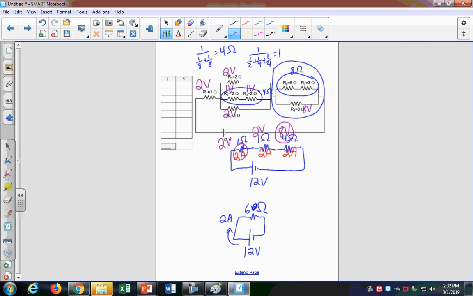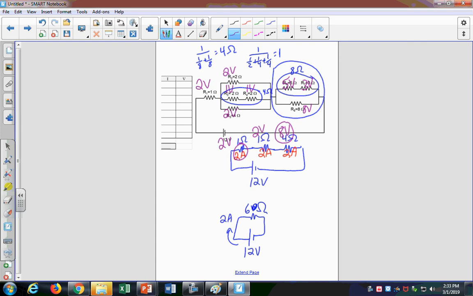So what's the voltage here for R6? If I have 1 amp of current across a 5 ohm resistor, what is that? It's 5 volts and 3 volts. Okay? So those are all the voltages.